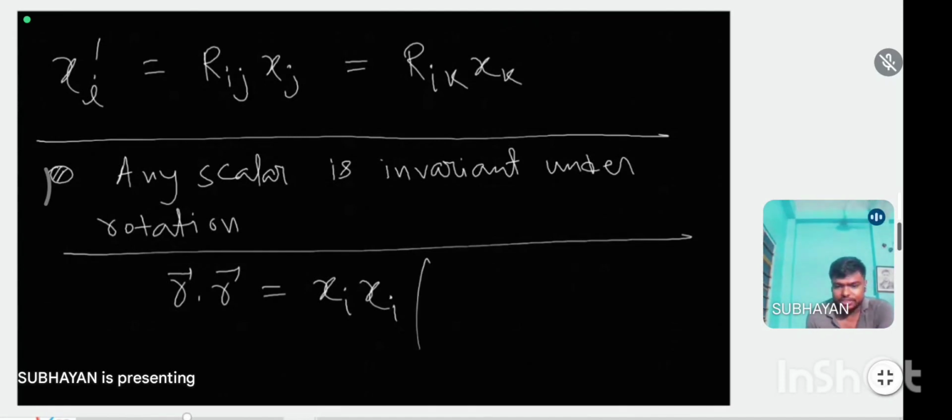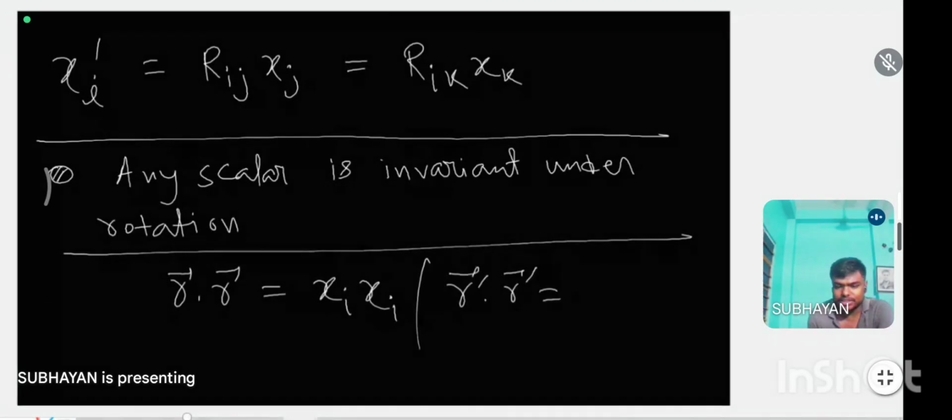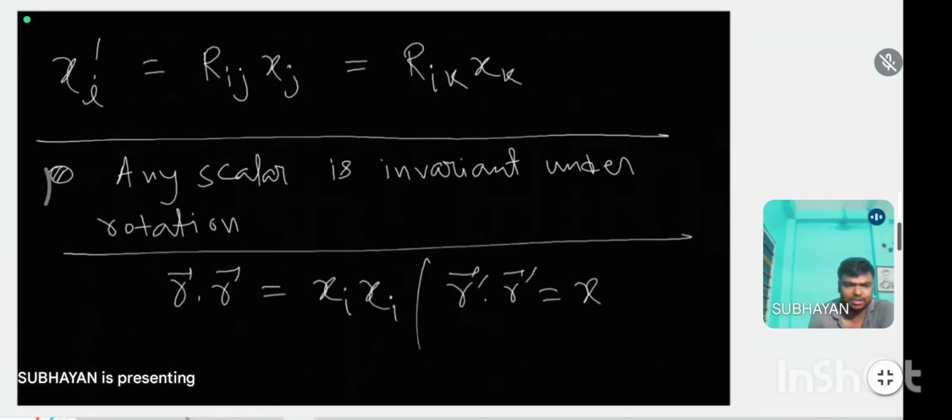Similarly, in the prime coordinate, that means after rotation, this is r prime dot r prime, that will be equal to xi prime xi prime. As a scalar is invariant under rotation, r prime dot r prime and r dot r will be the same.